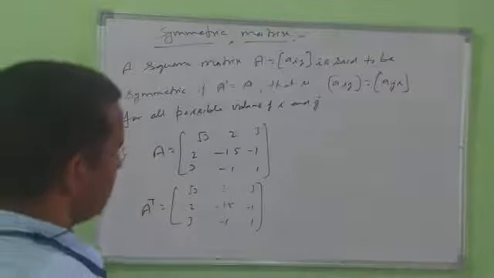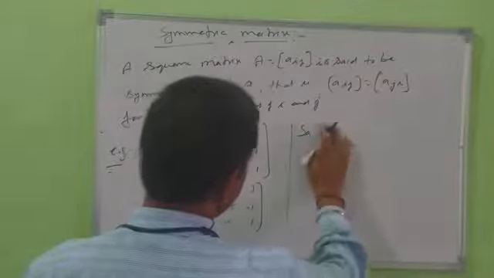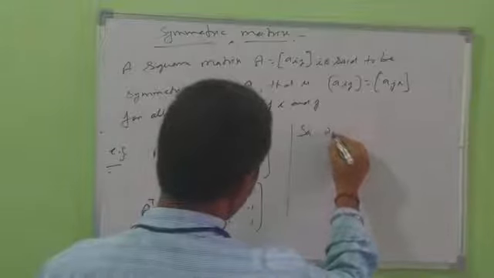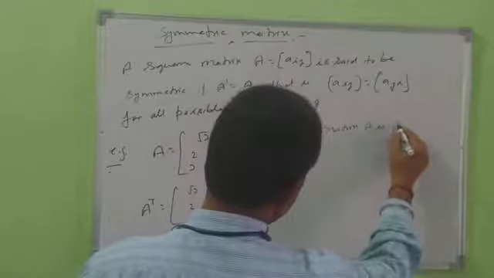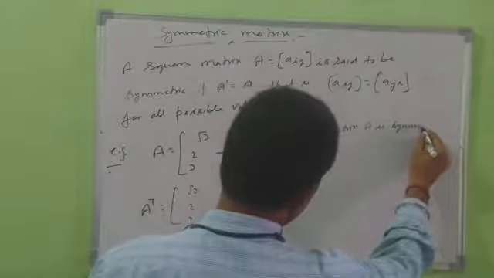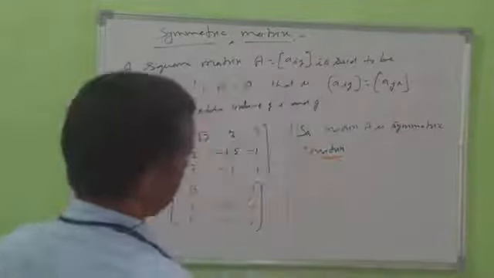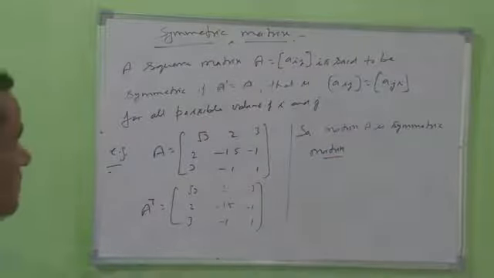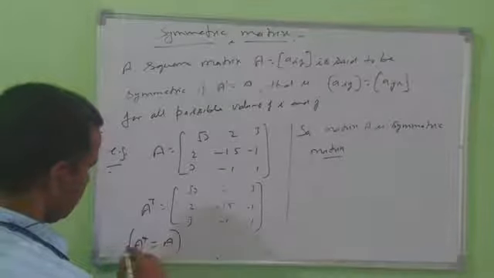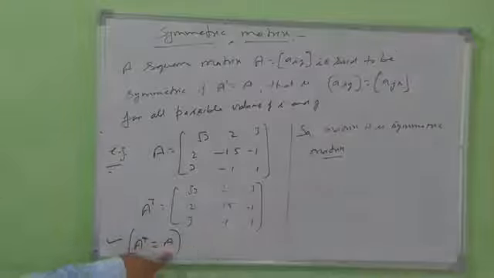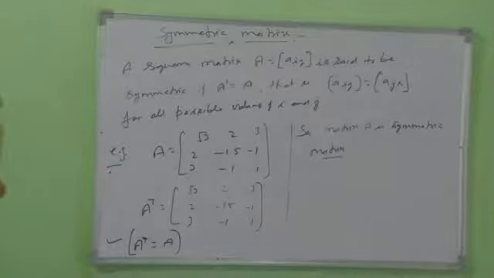So you can say matrix A is a symmetric matrix because A transpose equals A. This definition is followed here: if A transpose equals A, then matrix A is a symmetric matrix. According to this, you solve all questions.